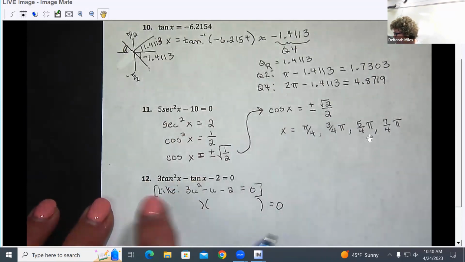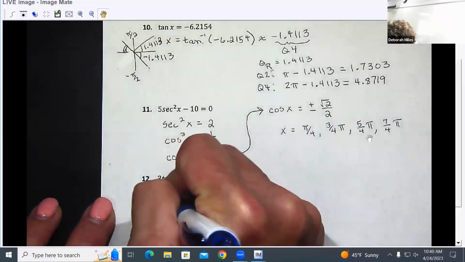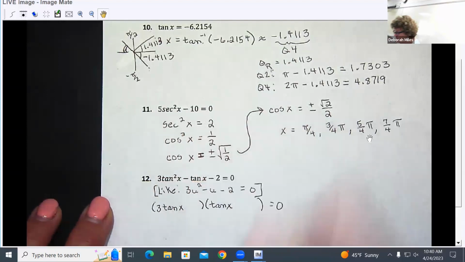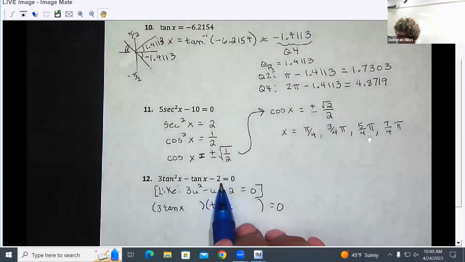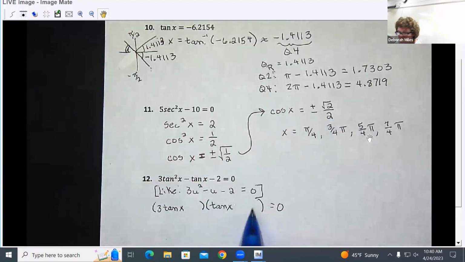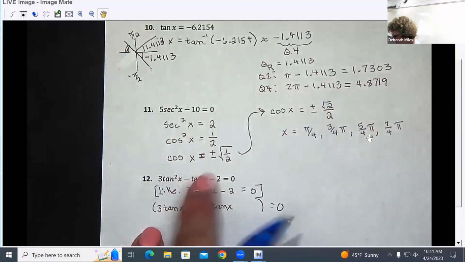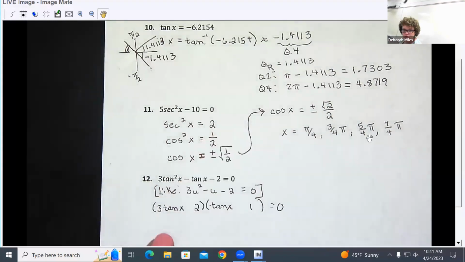I know that 3 tangent squared pretty much has to be 3 tangent x times tangent x. And I know that the 2 either has to be 1 times 2 or 2 times 1. I'm good enough at foiling to see that in order to get a middle term of -1 tangent, I'm going to have the 1 here and the 2 there.